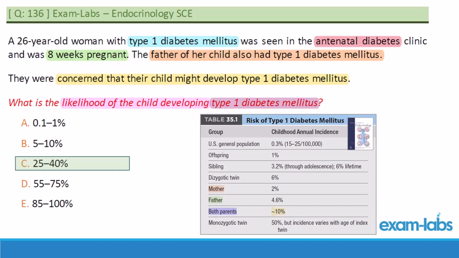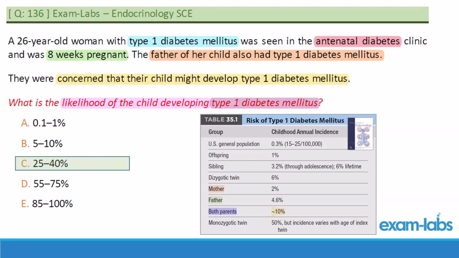If the mother, 3 to 5%. If a sibling, 4 to 6%, also if dizygotic twin. But if monozygotic twin, the risk is up to 70%.